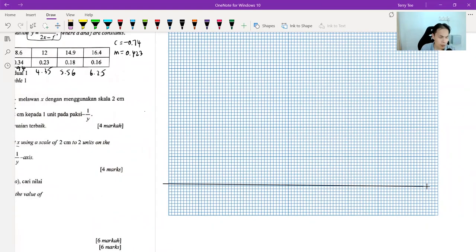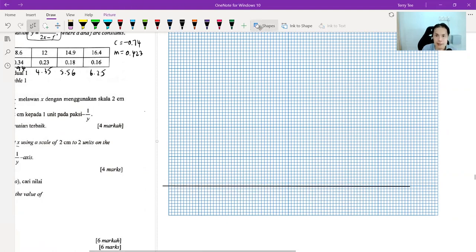My graph should go all the way until the end here, because the largest value is 6.25. Actually, you don't need to go all the way. Anyway, let me adjust it. This is my axis. Don't need to go all the way to the end, somewhere here will do. Sorry, it's a bit too high, so move it down to here. All right, I think this is good enough.